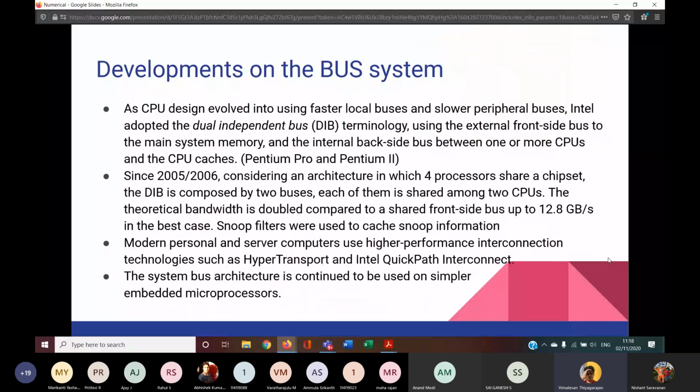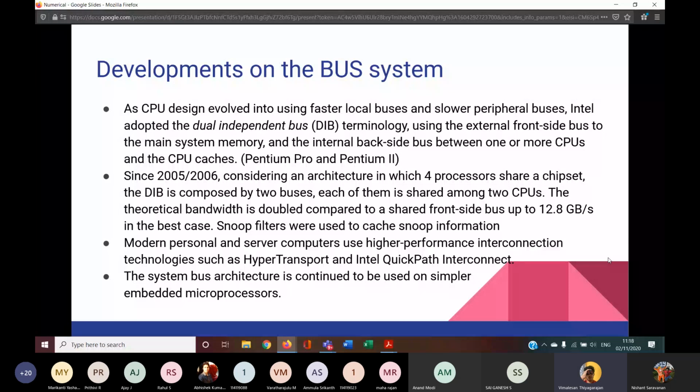So development of the bus system: as they started making multiple bus systems they started connecting them, because speed was a problem. They started using this thing called dual independent bus, where there were two buses connected, and one was used for the main memory and the other for the CPU, with more than one CPU.